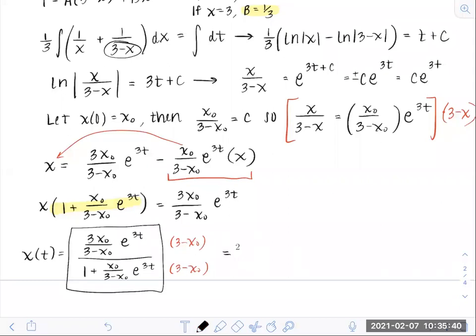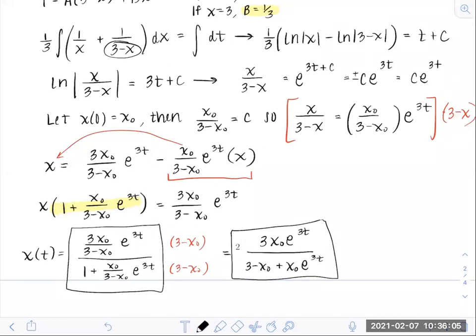And so what we're going to get here is on top just a 3X naught e to the 3t, and on bottom, I get a 3 minus X naught plus X naught e to the 3t. So this is how the back of the book will write their solutions, but either one is perfectly acceptable.